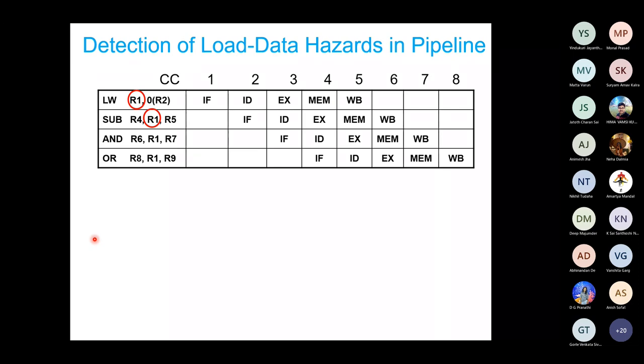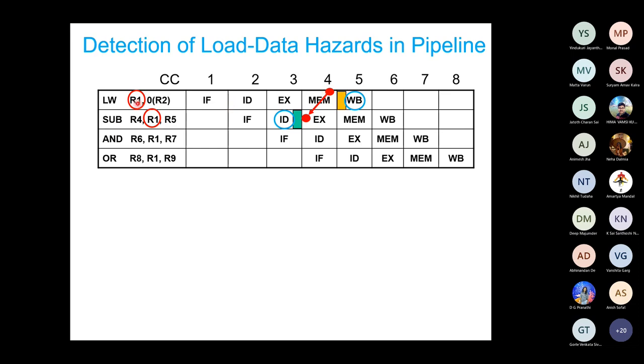Again, in order to recognize the hazard, I need to do the same thing, whether the source register coincides with the destination register of the previous load. And one stall is inevitable here because we need to make a gap between these two instructions.